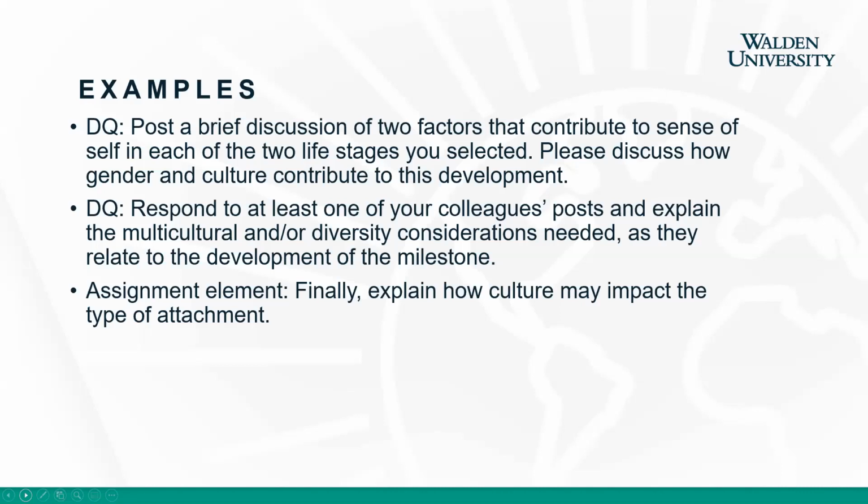An independent, individualistic culture might have different types of attachment compared to a collectivistic culture, where children are raised in a bigger family environment or extended family. So the attachment types which are considered normal in one culture might be totally different in another culture.